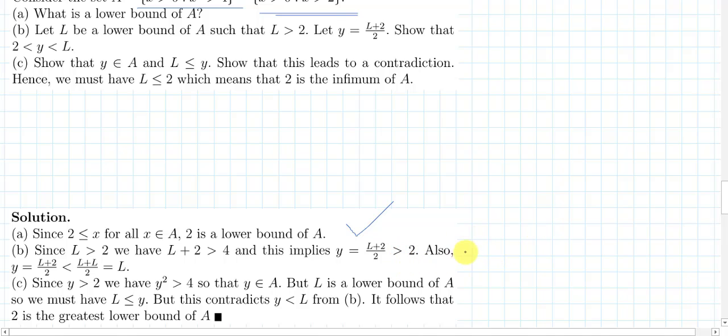Our Y was L plus 2 over 2, yes? And we showed that L is greater than 2 always. If you add 2 to both sides, 2 plus 2, here we have L plus 2 greater than 4. So we can replace this L plus 2 with 4. It's greater than 4 over 2, or just 2. So we showed that Y is greater than 2.